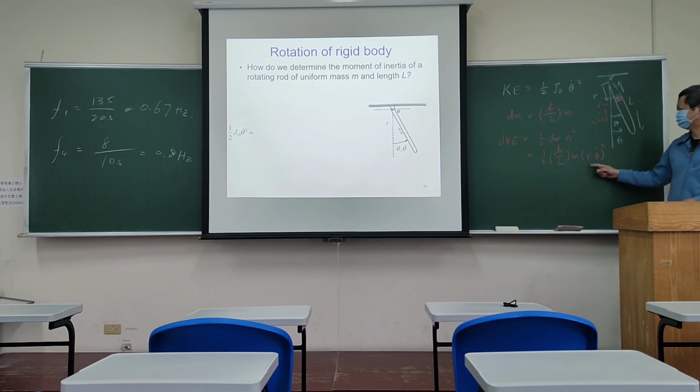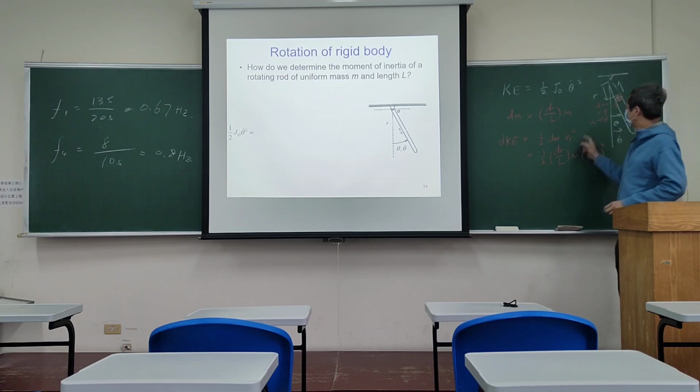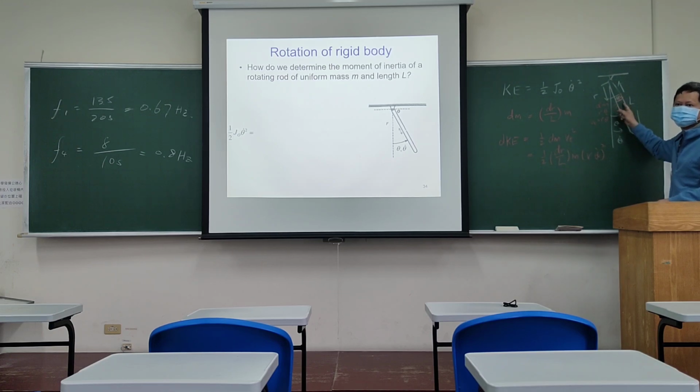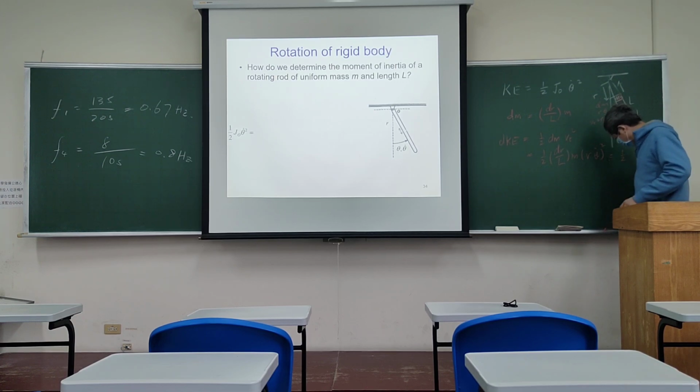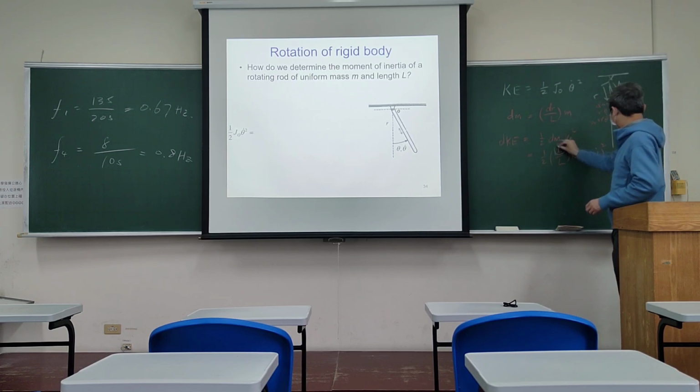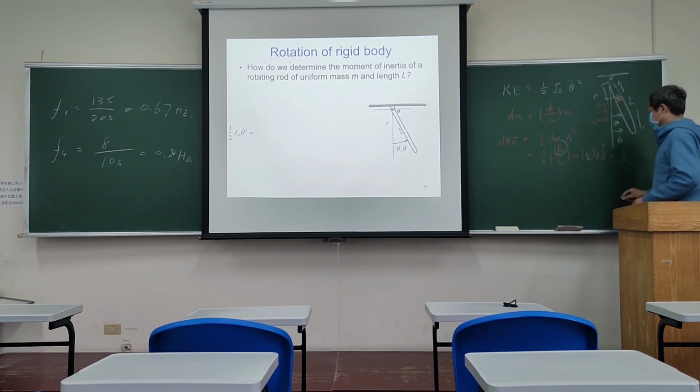In that way, you could determine the small amount of kinetic energy stored in the mass. The only variable is radius. The rest are all constant. So you have m over L theta dot squared, and then r squared dr.